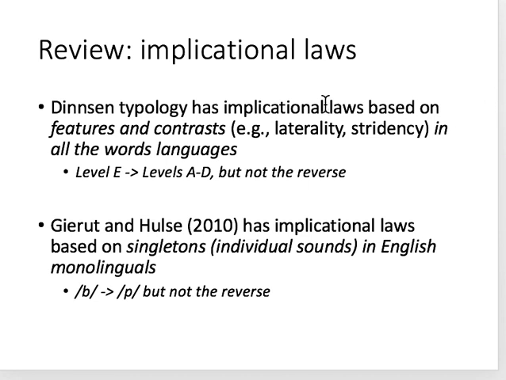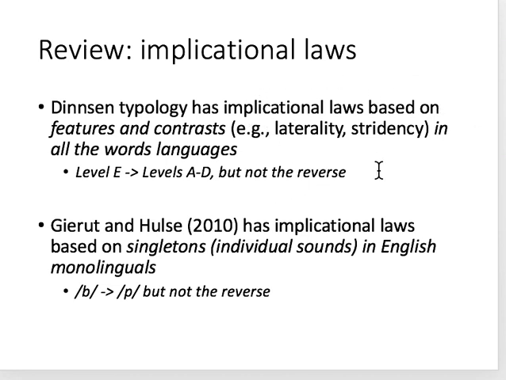And so it's important to understand that these types of implicational laws were things like, if you had level E, that implies all of the levels below, but not the reverse, such that if you had level A versus B versus C, those levels would imply everything below, but nothing above. Okay? And remember, that is precisely why in one of the examples in your lab, where you were asked to come up with the level for each inventory, you had one that was not able to be identified with a particular level. That was because the child was missing one of the levels in between. And you can't have that because this is an implicational law.